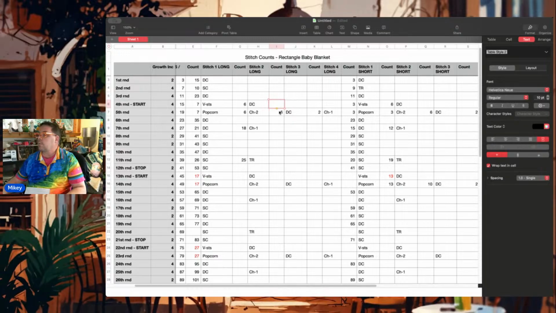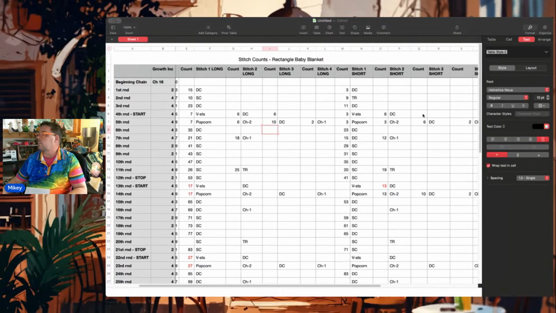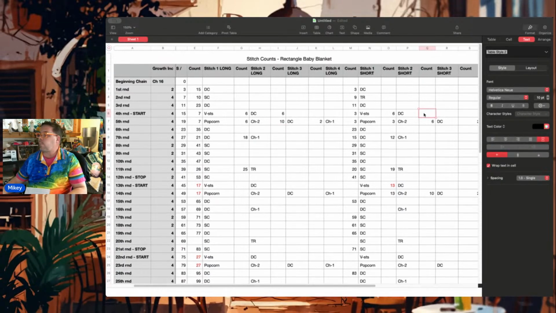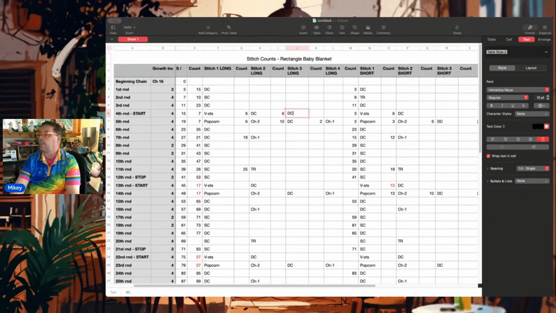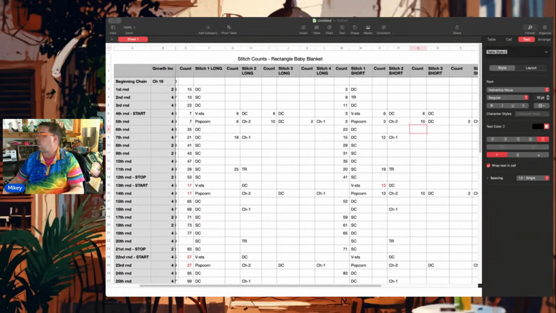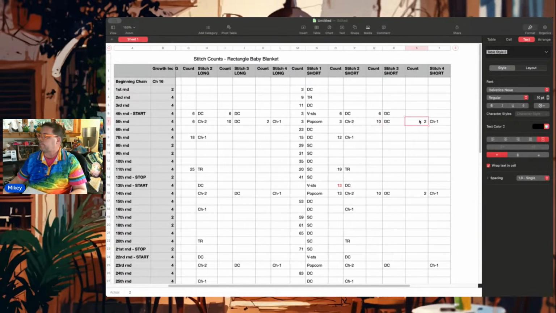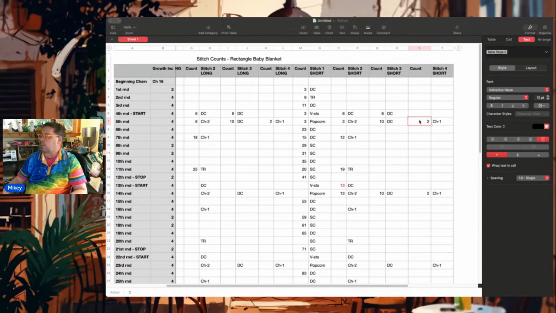Popcorns, there's always going to be 6, and then there's always going to be 10 chain 1 spaces.